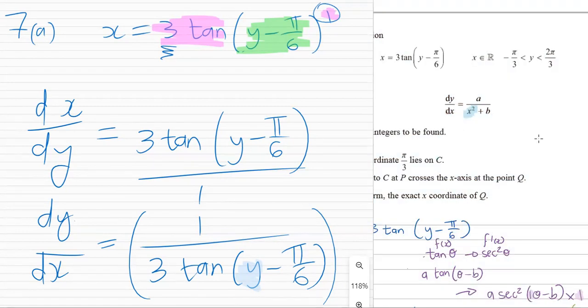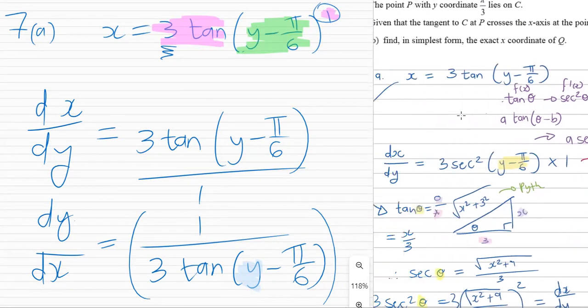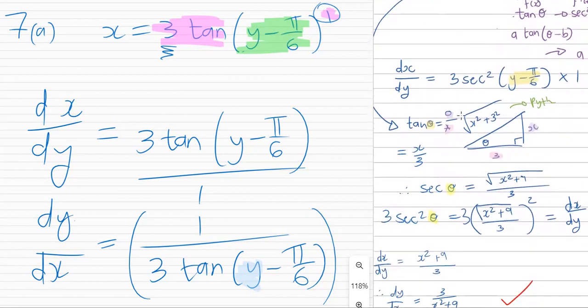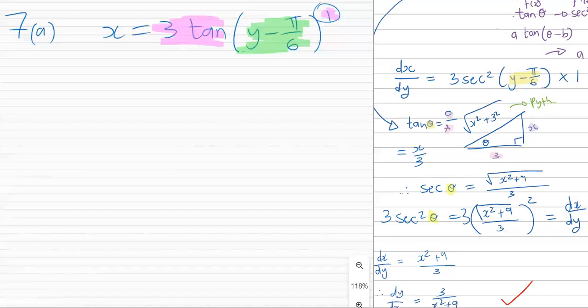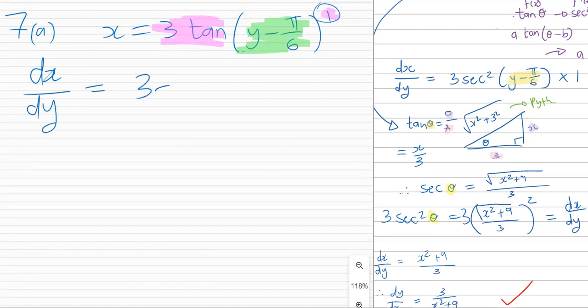I looked at it in a couple of different ways. One way you can look at it is to treat this whole thing as a trig triangle. So let's take a look at that. We got our dx dy as 3 sec squared, this whole thing.